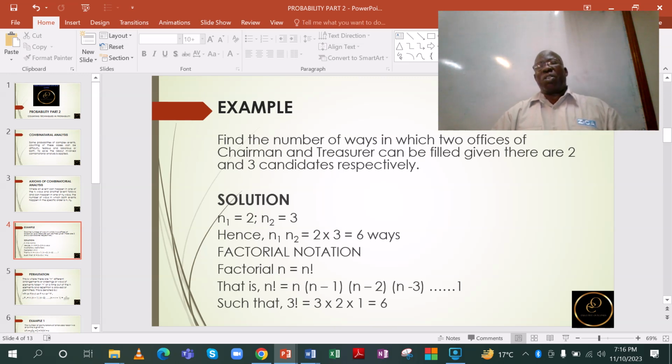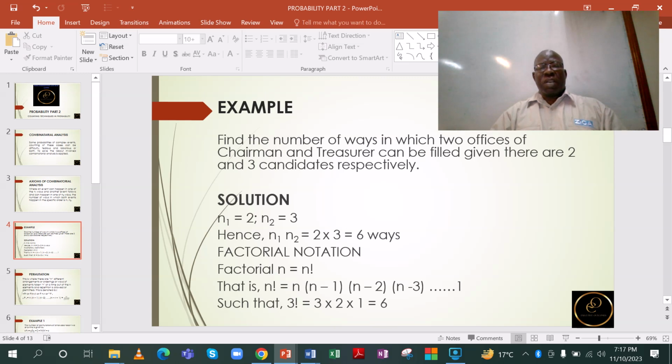So when you are using combinatorial analysis, this is how we go about it. We denote the number of ways in which the office of chairman can be filled as n1, which is given here as 2, and the number of ways in which the office of treasurer can be filled as n2, which is 3.